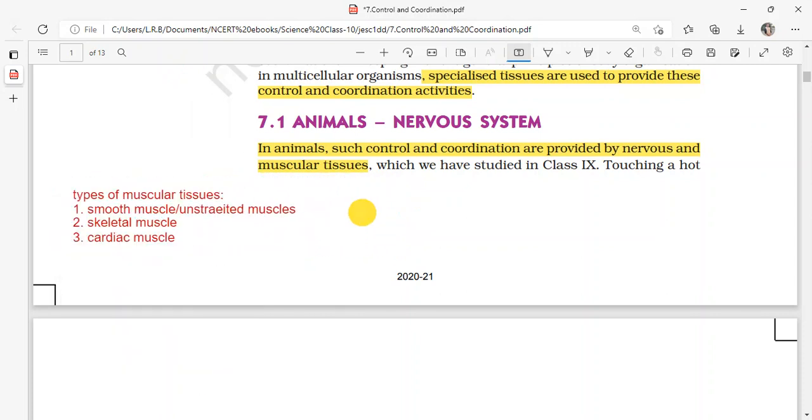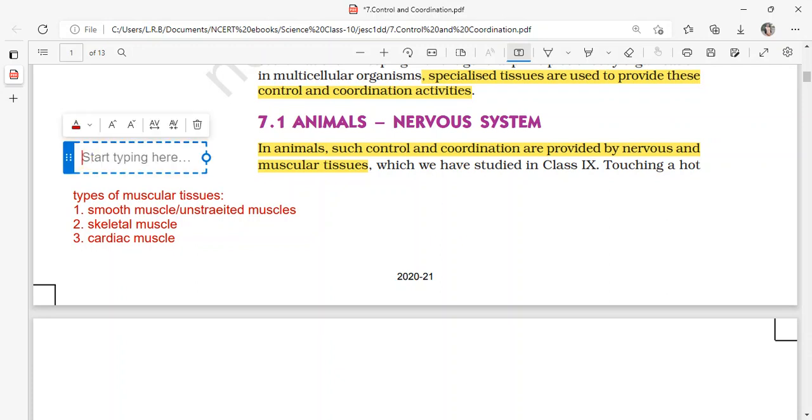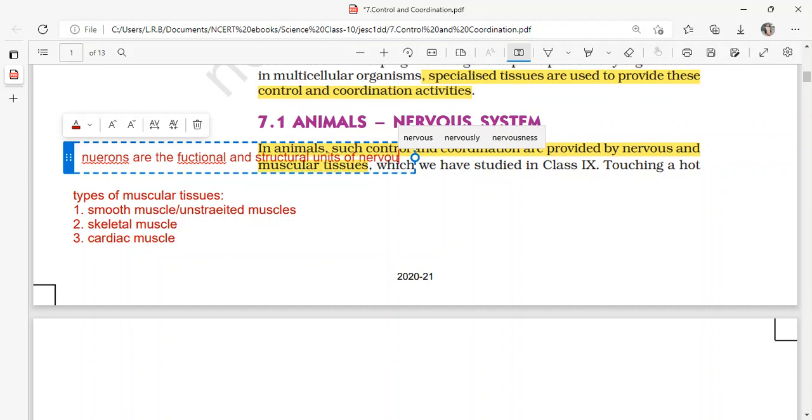And the nervous tissue: neurons are the functional and structural units of nervous tissue.